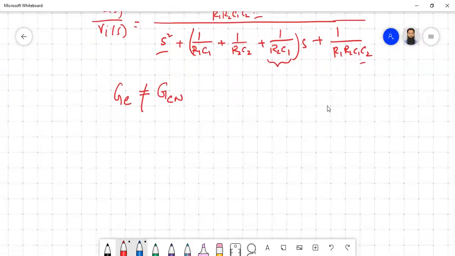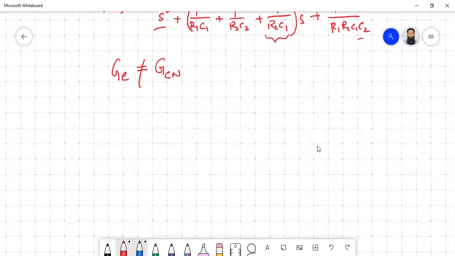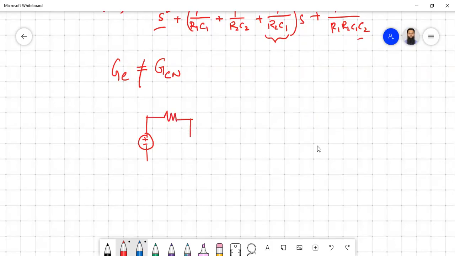If you still want to apply this cascading to this particular network, then what you have to do is very simple. You have to put one amplifier in between, let's say like your operational amplifier. So what are the properties of the operational amplifier?